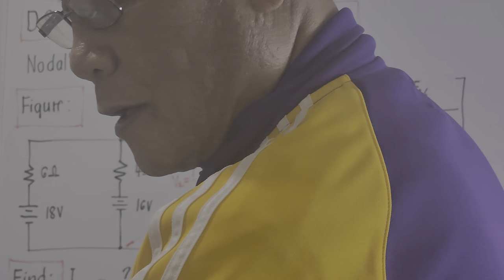If we try to measure this using our multitester, it will be the node voltage or junction voltage. So before we can compute the current passing here, we must first compute the voltage across this. And according to Nodal's theorem, the voltage across this is given by this formula here.